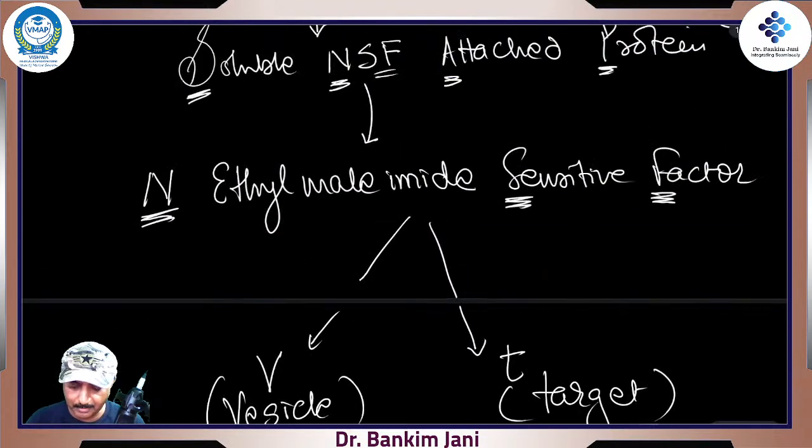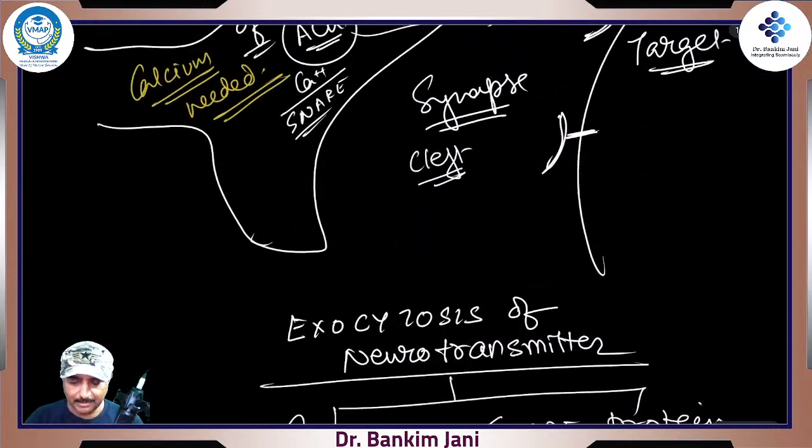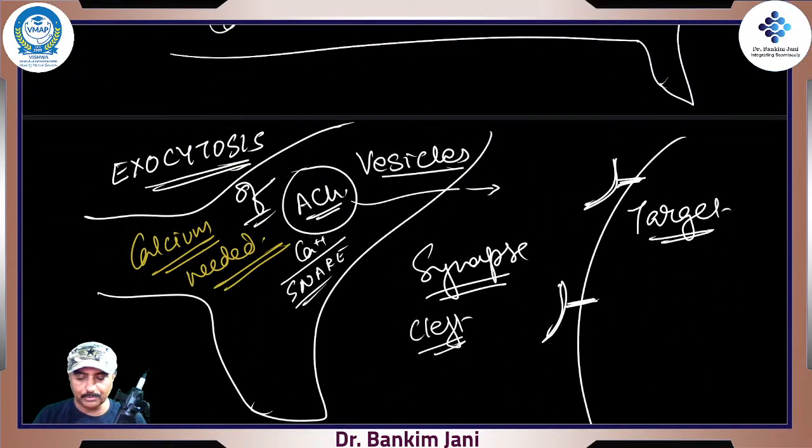So in a nutshell, for the neurotransmitter to be released, we require two things: calcium, and the SNARE protein on the surface. This will help with exocytosis, releasing acetylcholine into the synapse and letting things work. These are the two things needed.